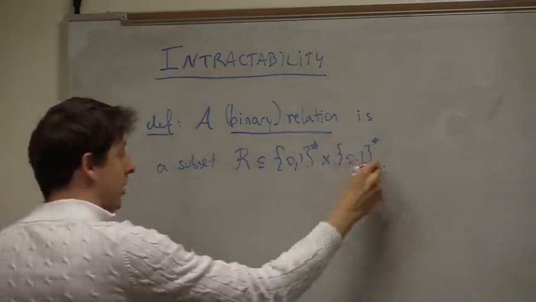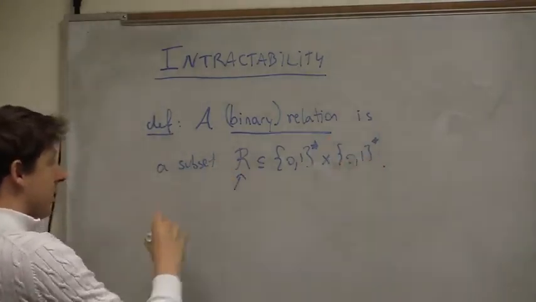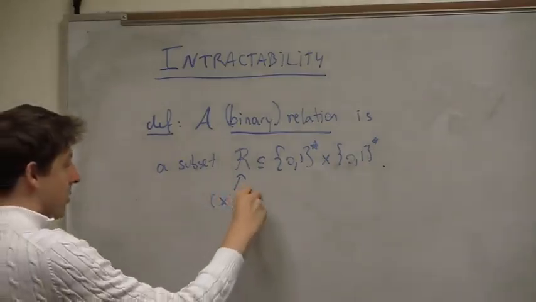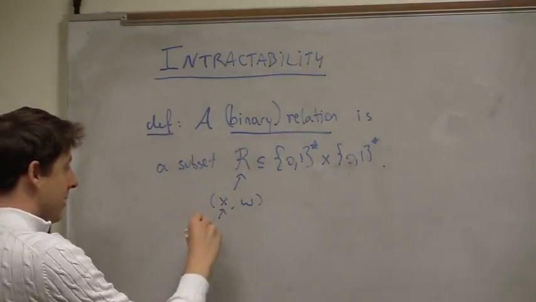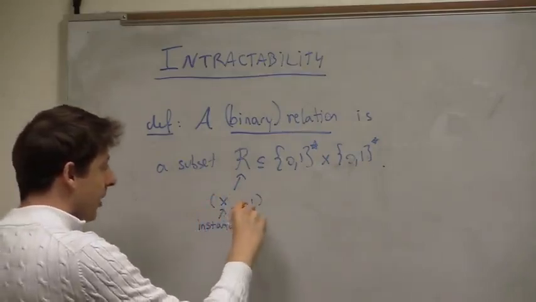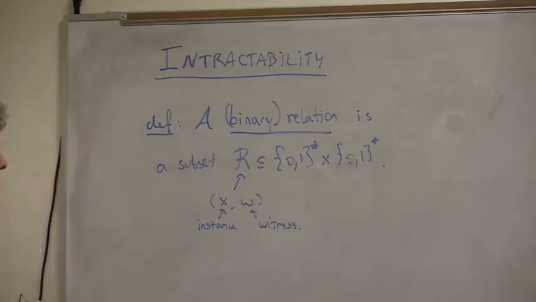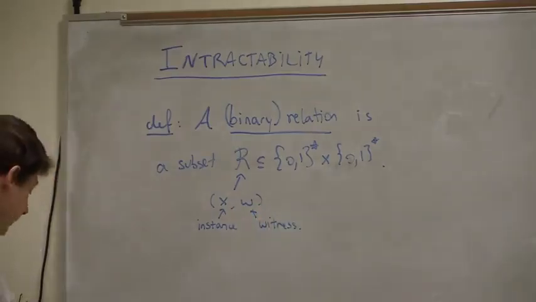An element in this set is usually called (x, w), where x is the instance and w is the witness. So that's just a set, it could be an infinite set.